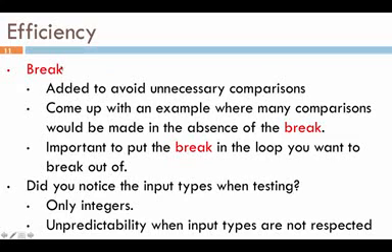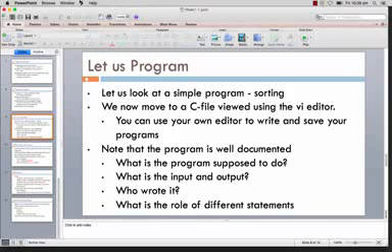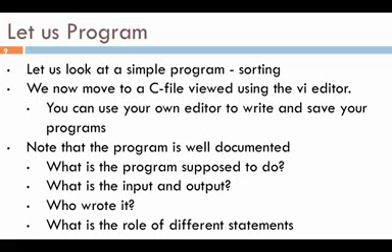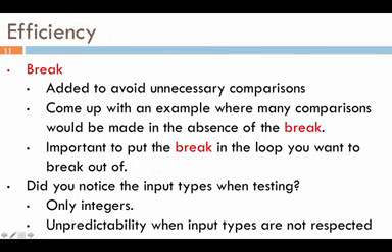Observe that the break is not important for the correctness of the program. Even without the break statement there, the program would have been correct. Now, it is very important for you to put the break statement at the correct place.